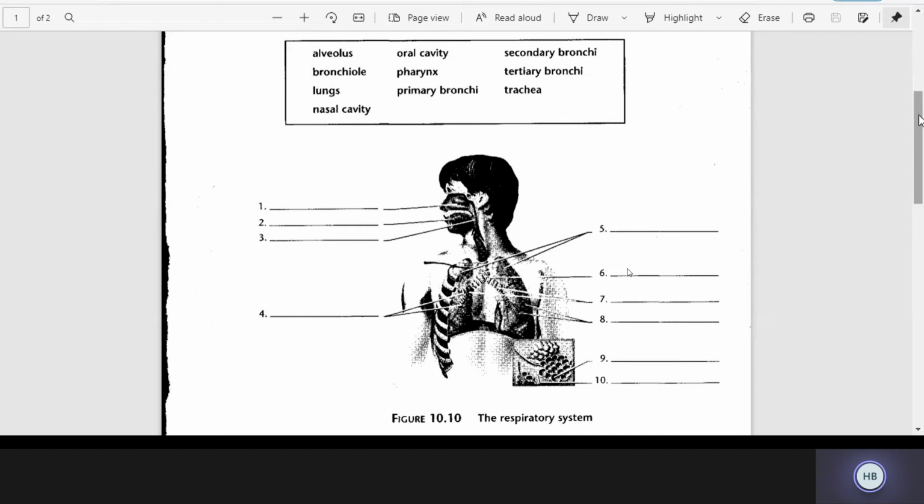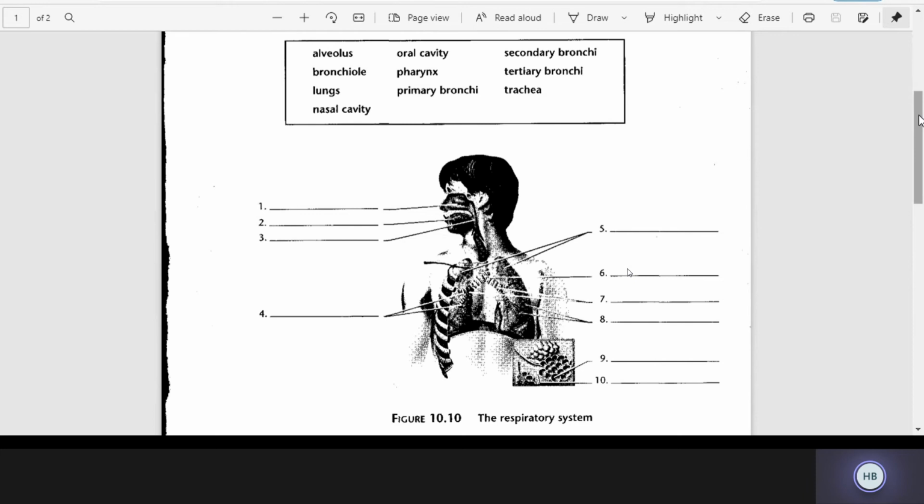Đoàn Ngọc Anh, please. Dương Hữu Tuấn. Hello, teacher. Can you help me label this picture? Label the respiratory system. Now let's start. Number 1.